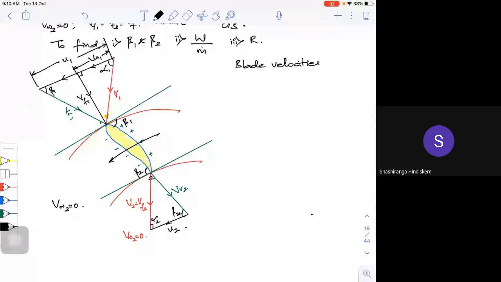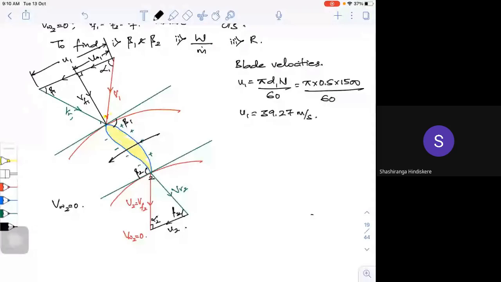The formula is U1 is equal to pi into D1 into N divided by 60, that is pi into 0.5 into 1500 divided by 60, getting around 39.27 meters per second.